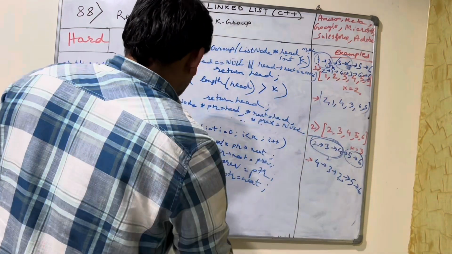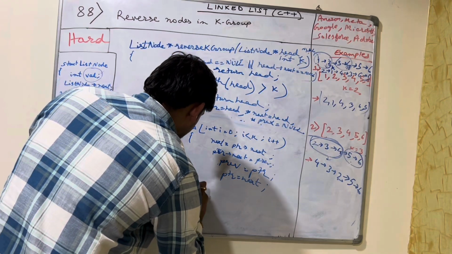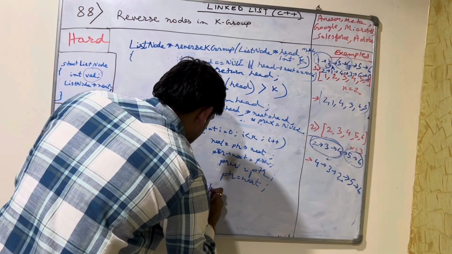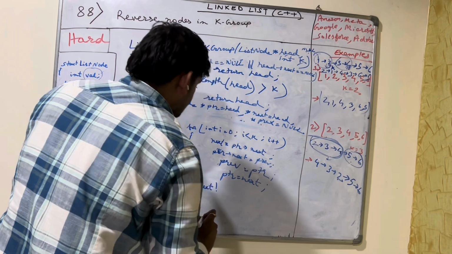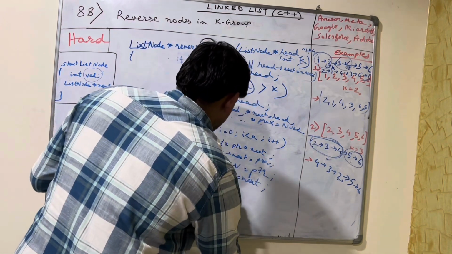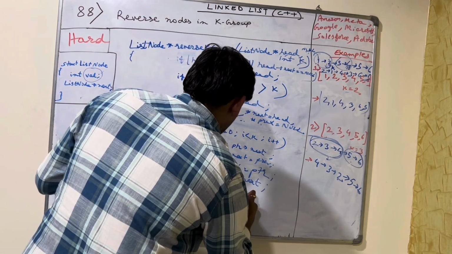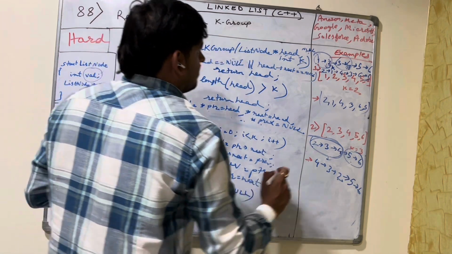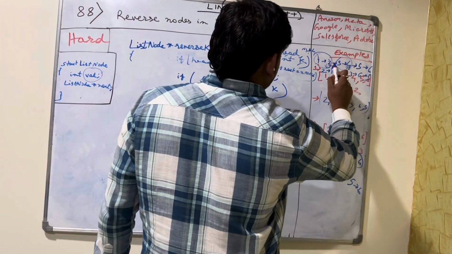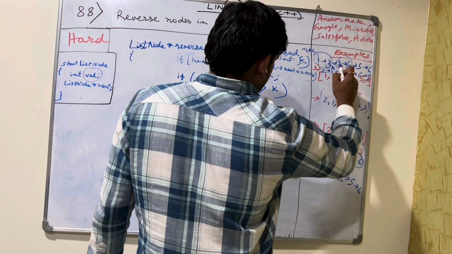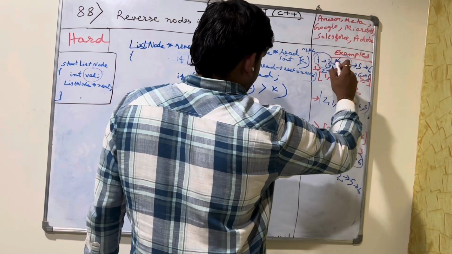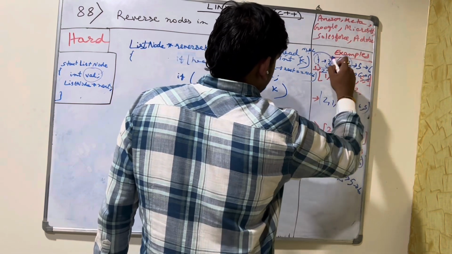K distance. So if next is not equal to null, that means this is not null, right? In this case k is equal to, so next is this one.